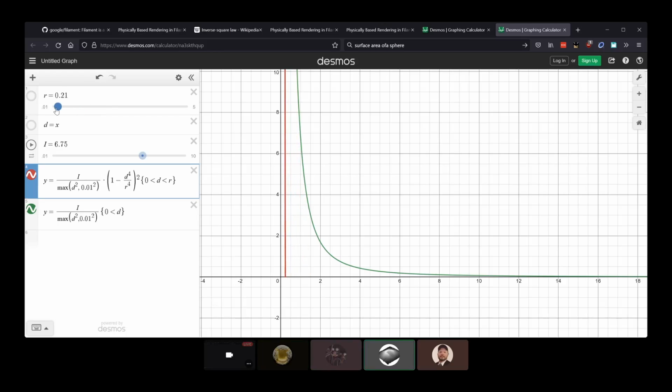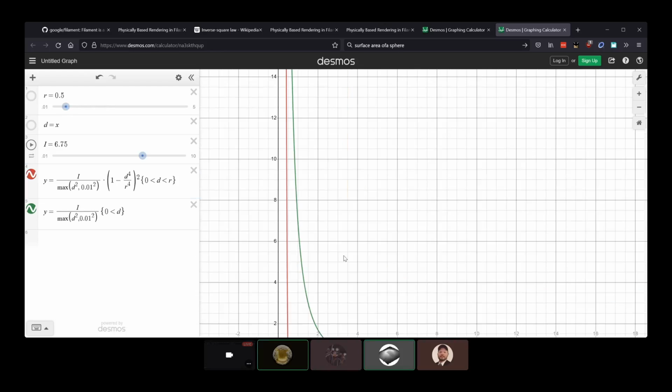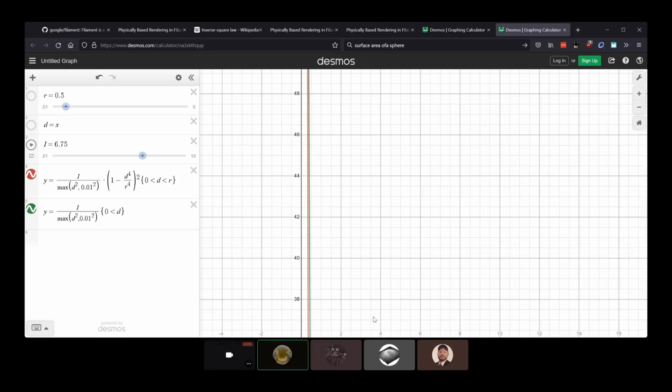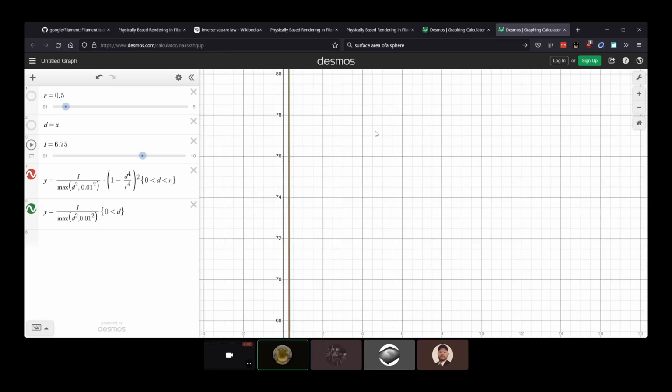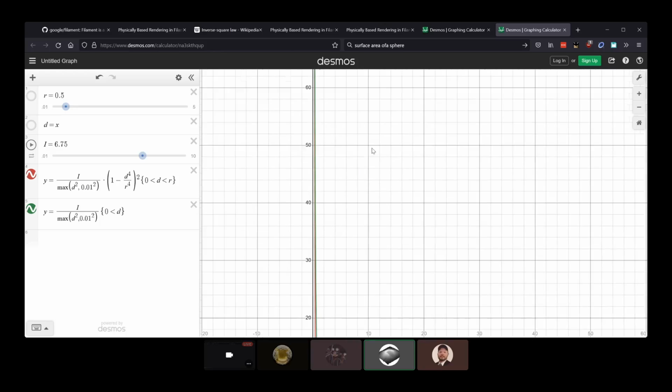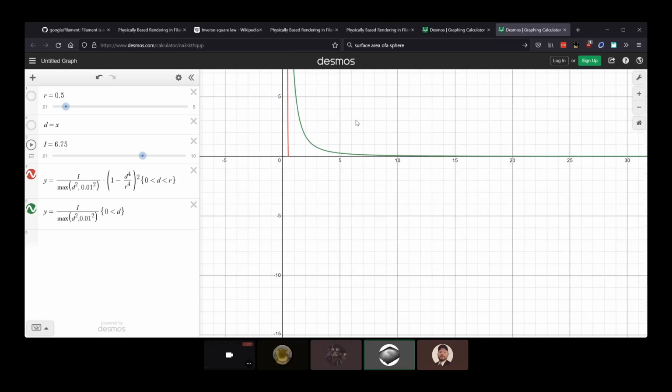If you have a very tiny light, it really doesn't look nice because it's almost linear. It just dies. Well, it's almost linear at the same proportional distance away from the thing.